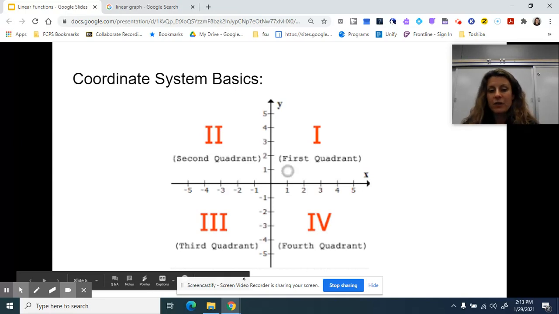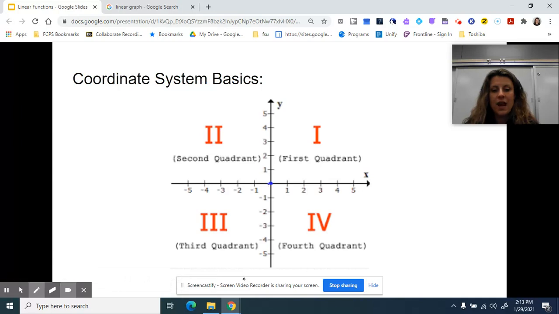Another thing I'd like to refresh is that this point in the middle at 0, 0 is called the origin. And even though we pointed it out before, x is always the horizontal axis and y is always the vertical axis. When we plot points, we write them as x, comma, y.